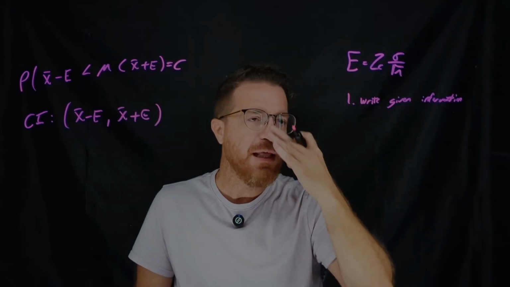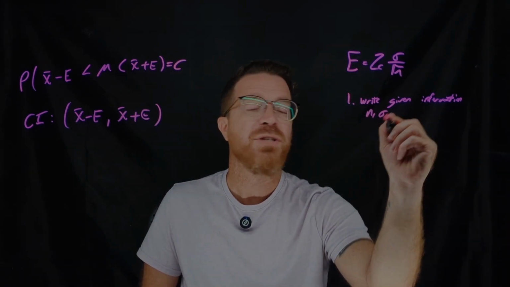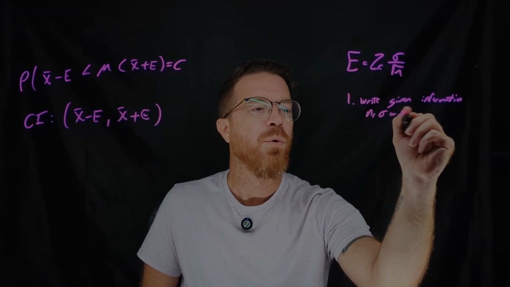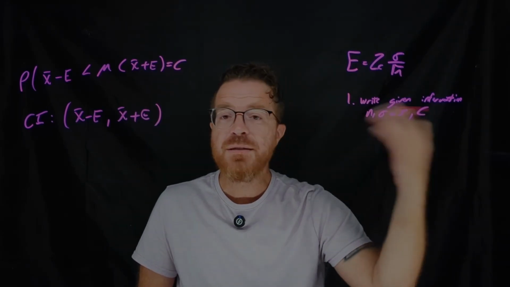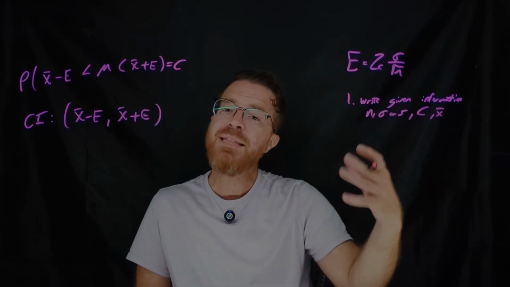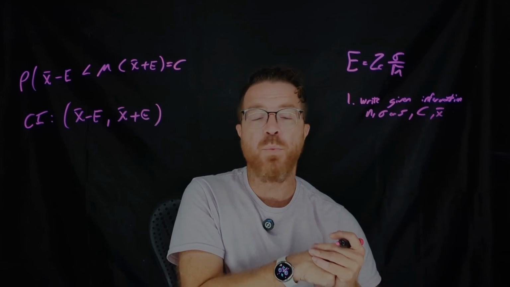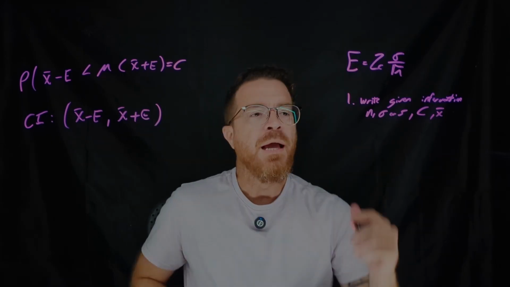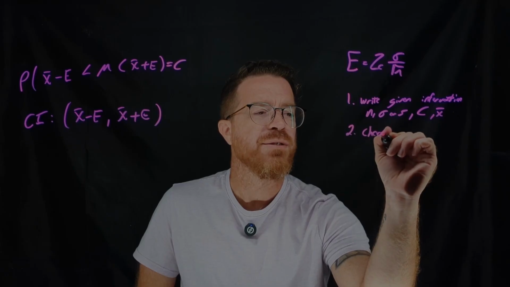This is going to be things like your sample size n, your sigma if you have it, or your S if you don't, your confidence level, your X bar, things like this. Write them down as you read the problem so you can determine what you need. The next step is you need to check your assumptions.